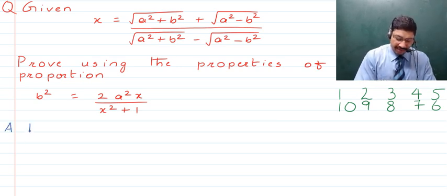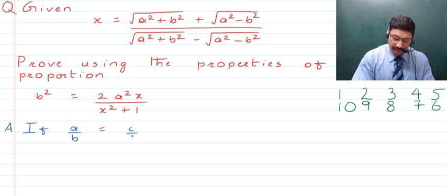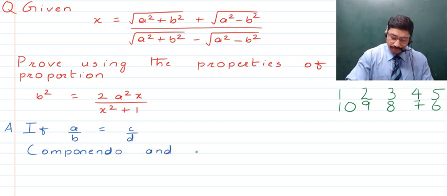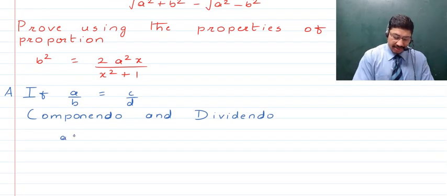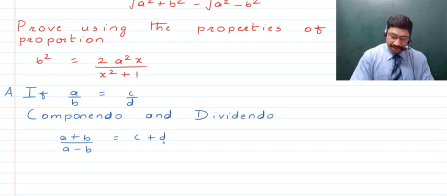If say we have a upon b equal to c upon d, then if we talk about componendo and dividendo, we will have numerator plus denominator divided by numerator minus denominator equal to numerator plus denominator divided by numerator minus denominator.